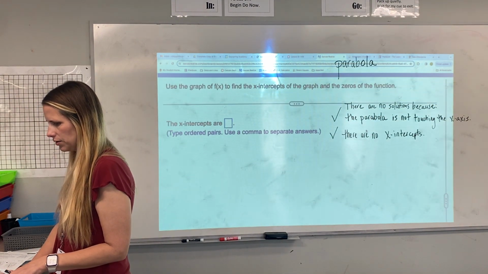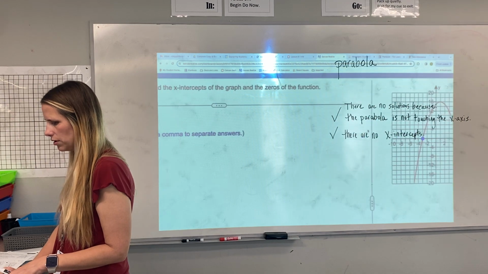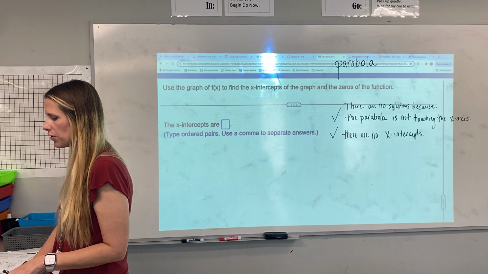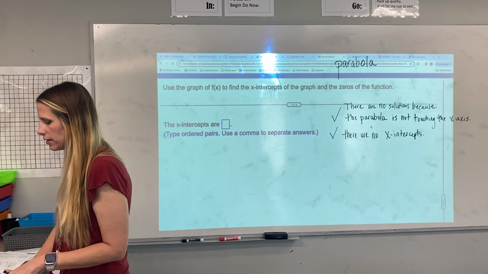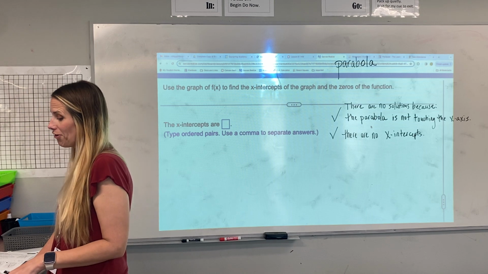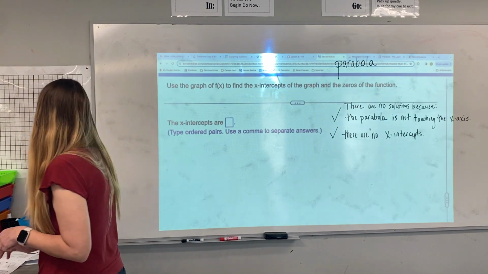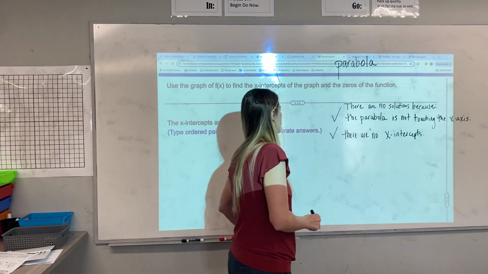Use the graph of f of x to find the x-intercepts of the graph and the zeros of the function. Okay, the wording of this is very interesting.